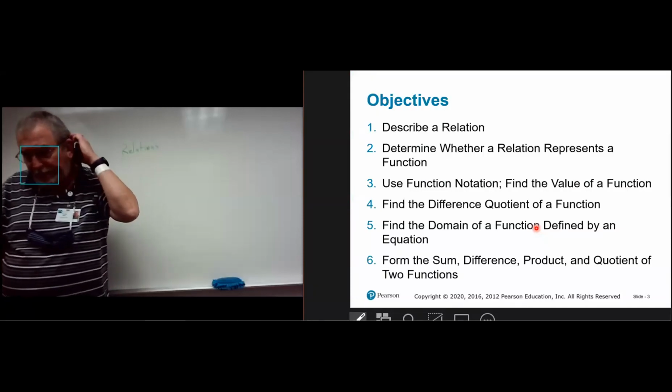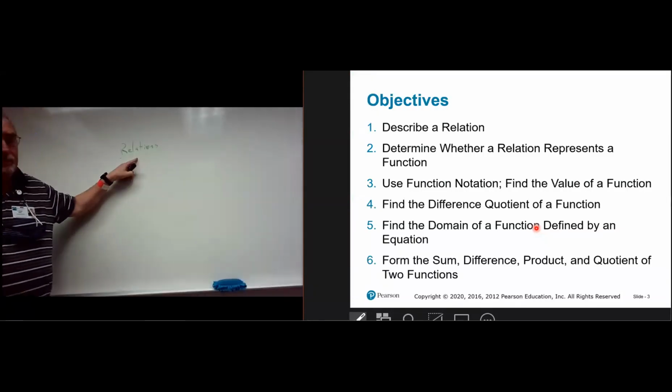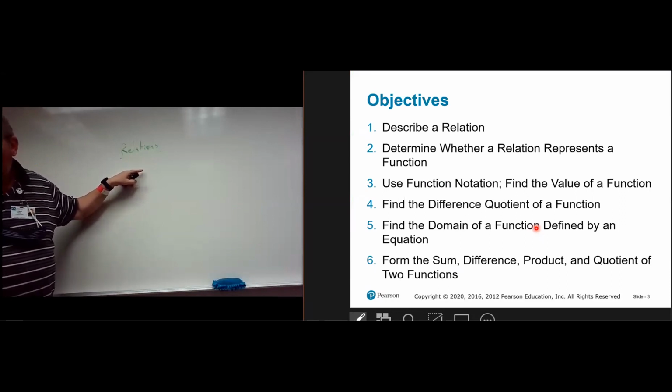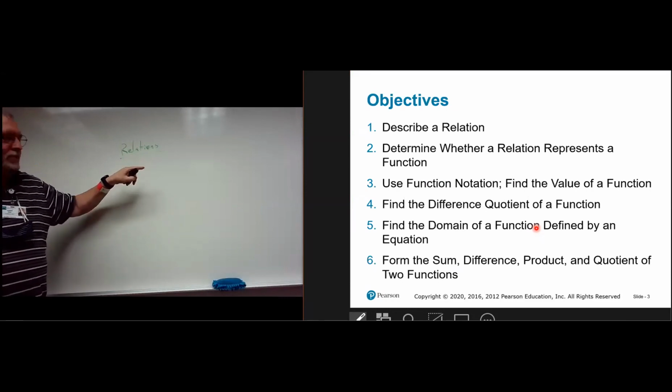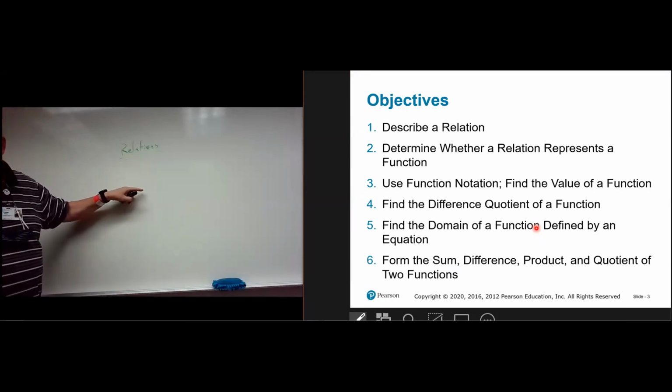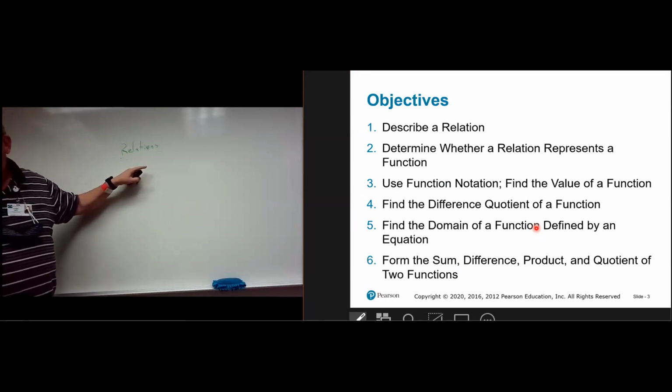Functions. We're going to describe what a relation is and how to determine if a relation is a function. And then what makes a function, what doesn't. We go through some discussions of functions.